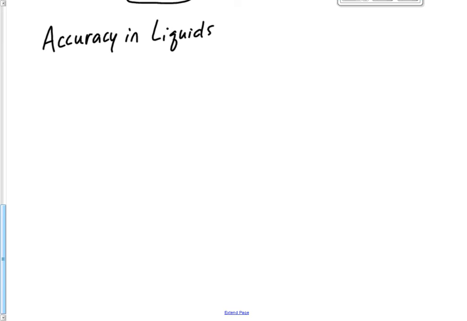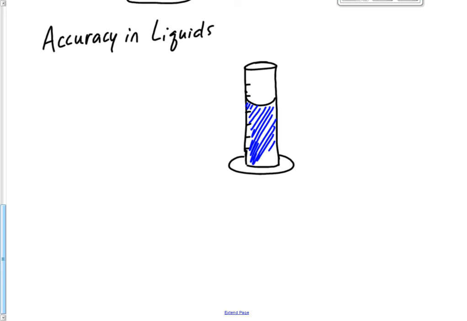Okay, so if this is our graduated cylinder here, those are our little tick marks, and we have some sort of liquid. We'll color it blue. Let's say that each one of these marks is 1 milliliter.